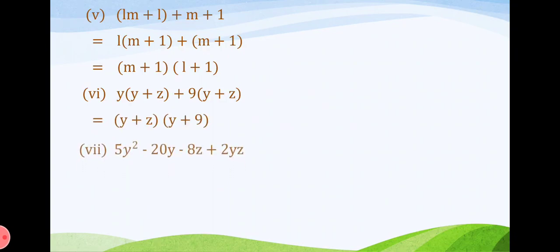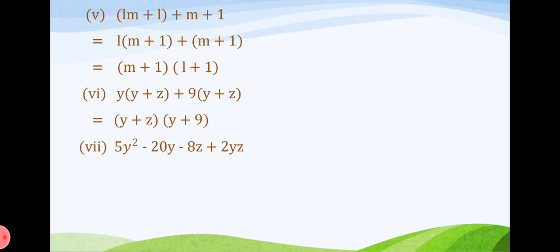Next, question number 7. 5y square minus 20y minus 8z plus 2yz. Now here again we cannot apply the common factor method at first, because all the 4 terms do not have a common factor.